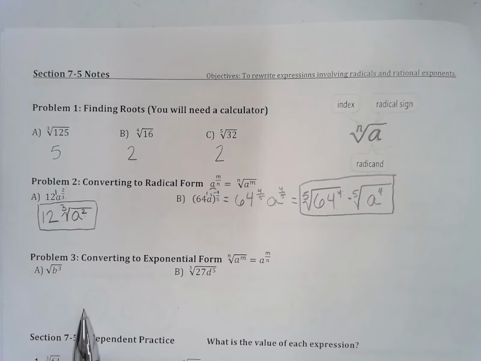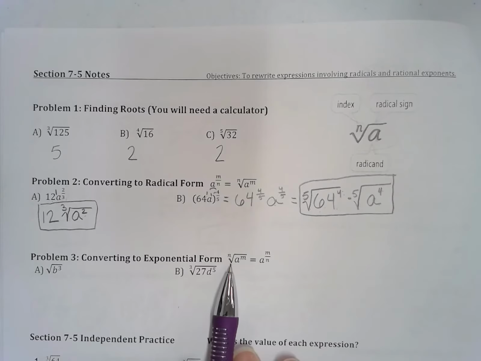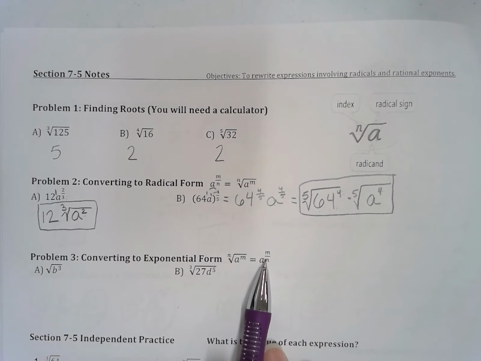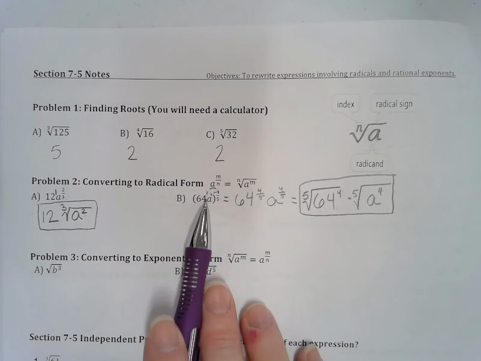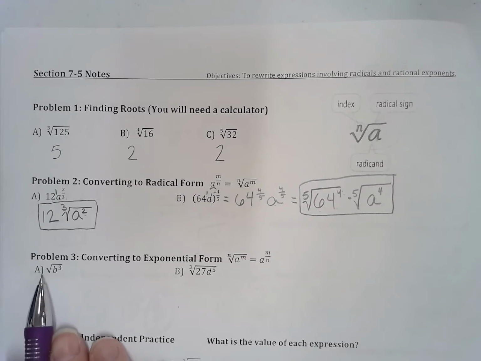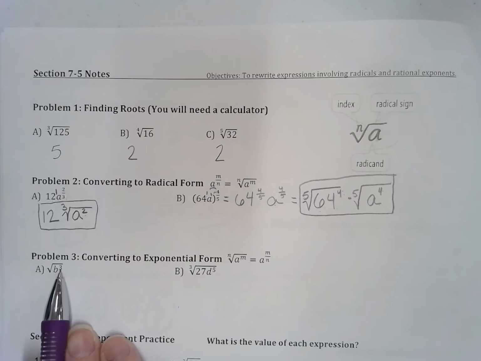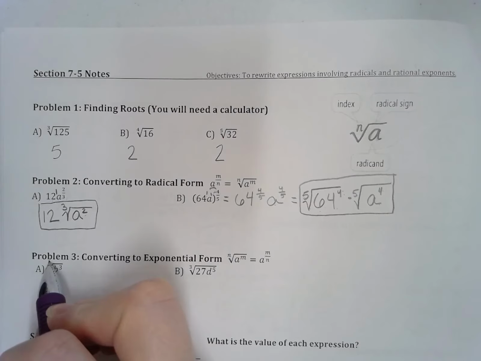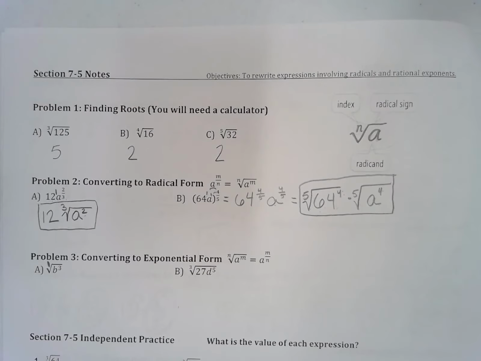Now we're going to go the other way. We're going to go from a radical symbol to a fraction as an exponent. So very similarly, where we wrote in all of the ones as exponents here, we have to make sure that there's a number on the outside and on the inside. So for this first one, there's a missing number on the outside, so I'm going to put a 1 there. Remember, 1's just my placeholder.